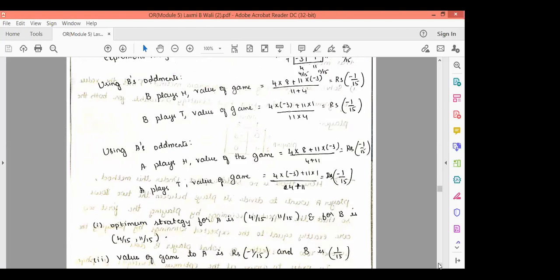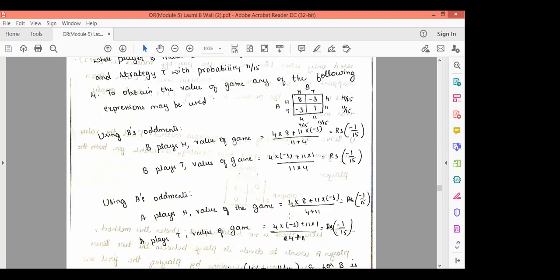We say that the optimal strategy for player A is 4 by 15 and 11 by 15. Based on what we are saying, that the optimum strategy of A is 4 by 15 and 11 by 15, that is the probability of using the first strategy by player A. These are nothing but the probability of using that particular strategy, and these are called oddments.